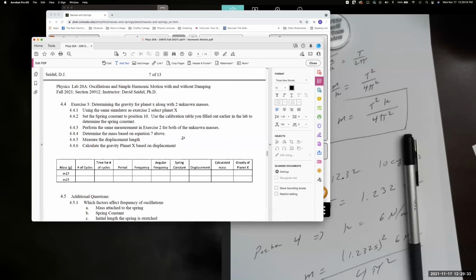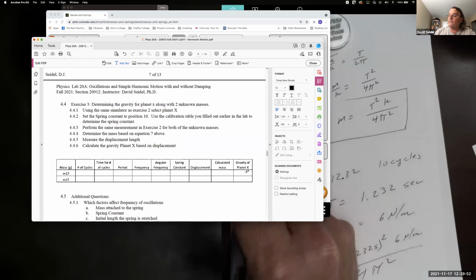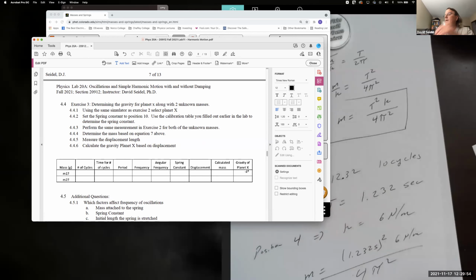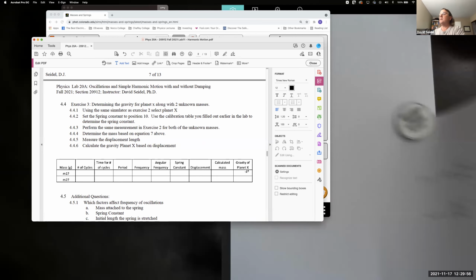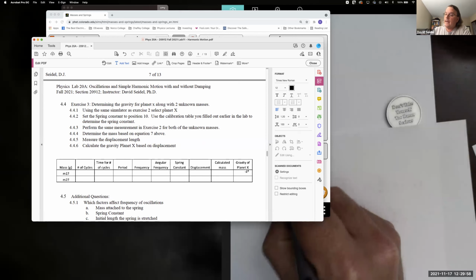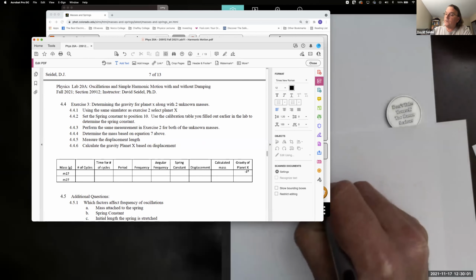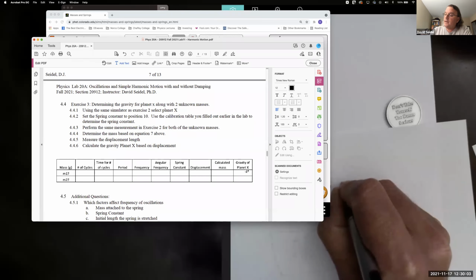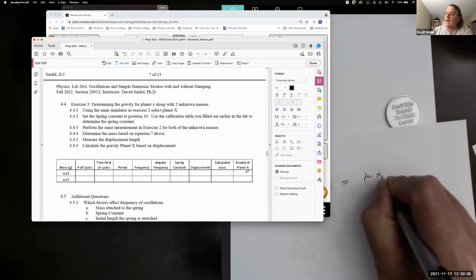And then for the gravity of planet X, once you have the calculated mass, you can use the displacement method to get gravity. That's the only way you can get the gravity of planet X, because F, which is equal to mg, is equal to kx.